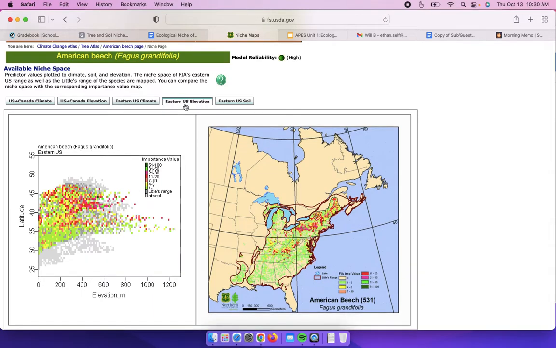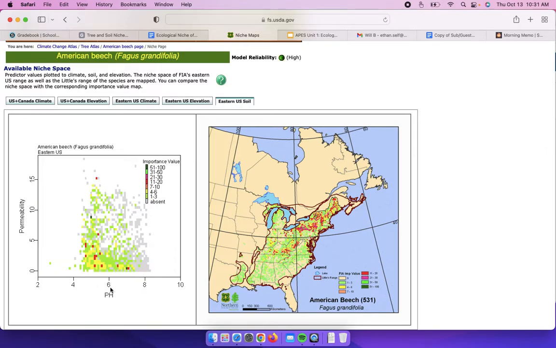We can look at elevation, and it looks to me as if the FIA score is roughly around 40 to 45 in terms of latitude, with an elevation somewhere between 2 to 600. That's where we tend to see most of the reds, which have the highest scores. And then we can look at soil, pH, and permeability. This seems to be a very specific type of soil, meaning that it's a lot less spread out.